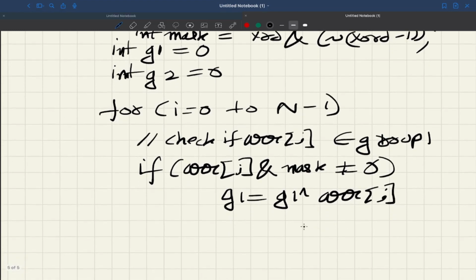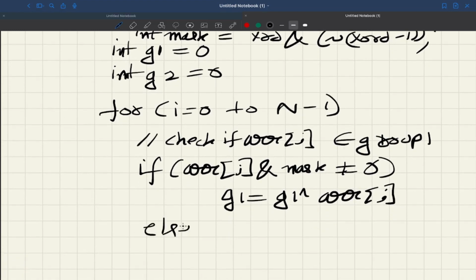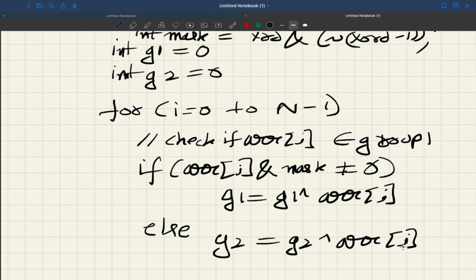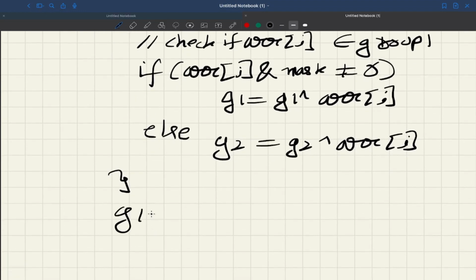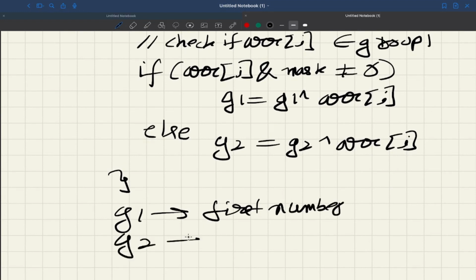Else it will belong to group 2 only. So in that case, take the XOR of this ARR[i] with group 2. At the end of these iterations, in group 1 I will have the first unique number, and in G2 I have the second unique number.